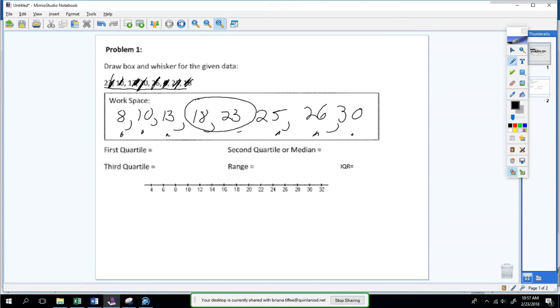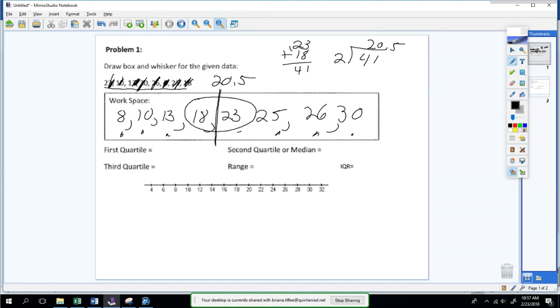To find the median between 18 and 23, you find the average of the two numbers: 23 plus 18 is 41, divided by 2, which is 20.5. I'm going to draw a line down the middle and write 20.5. That's my median, okay?